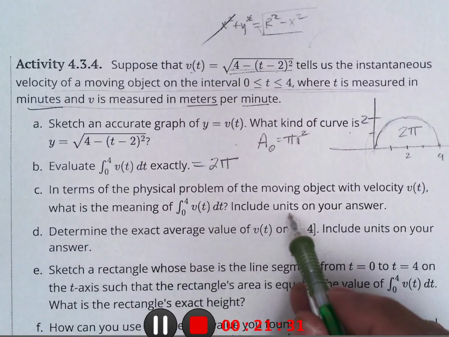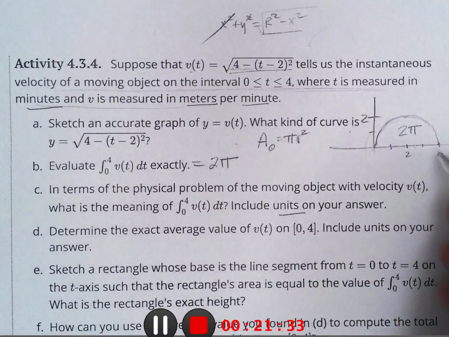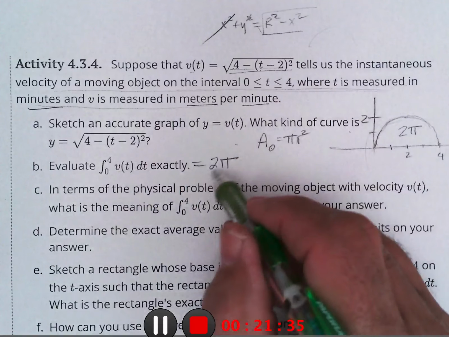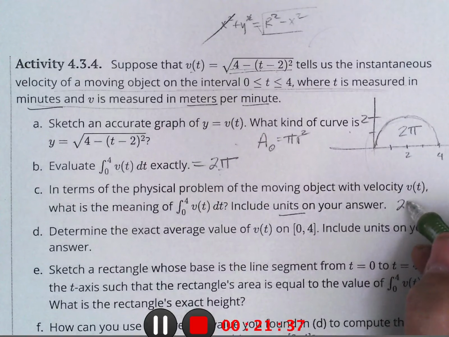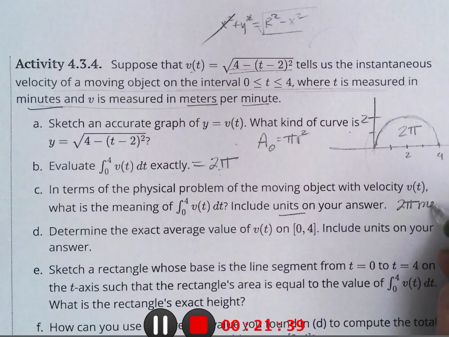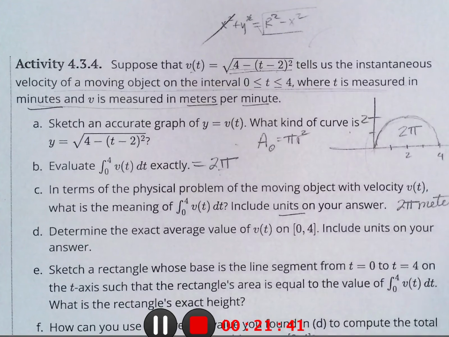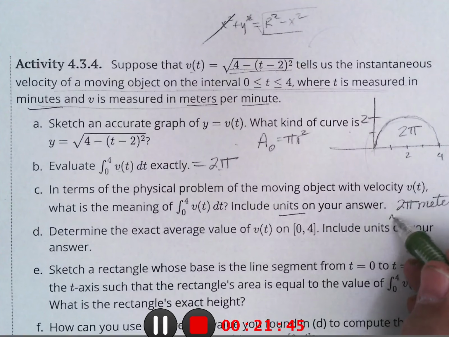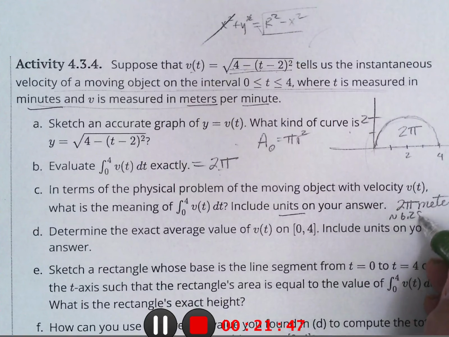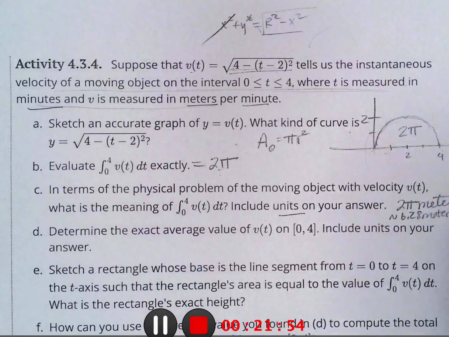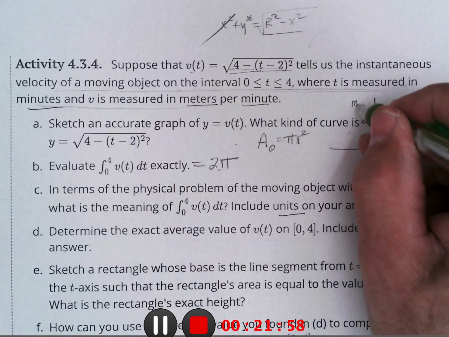Well, it means that the object moved 2 pi meters, approximately 6.28 meters in the 4 minutes. Meters per minute was the velocity.